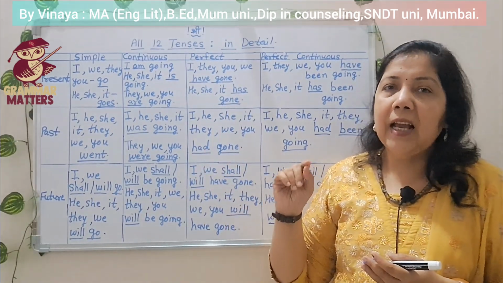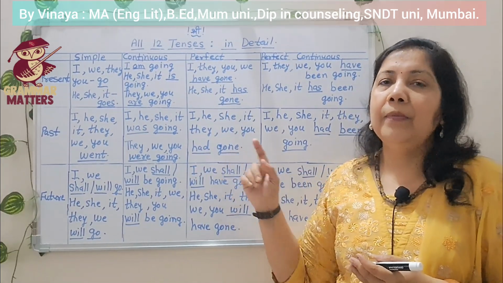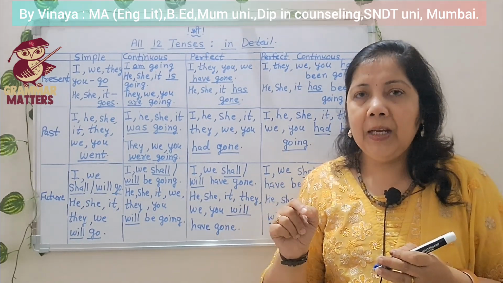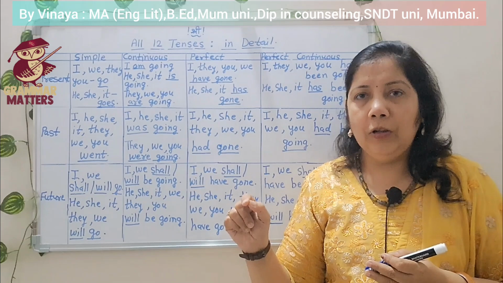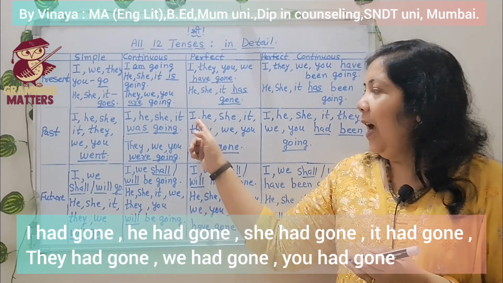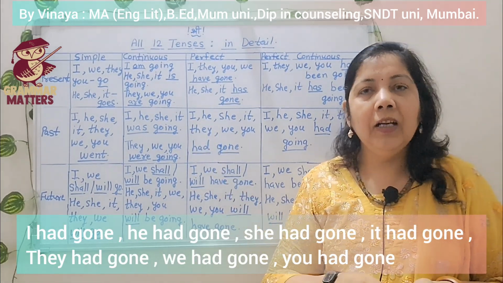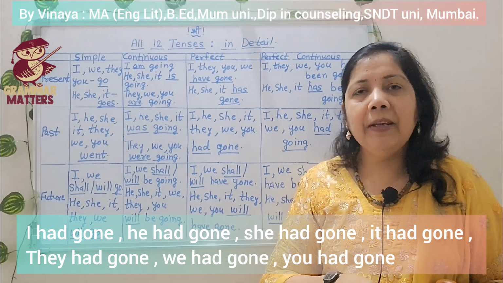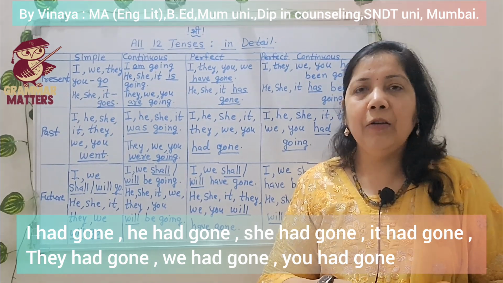And since it is had, next has to come the third form of the verb, the past participle. Go, went, gone. So gone has come. I had gone, he had gone, she had gone, it had gone, they had gone, we had gone, and you had gone.